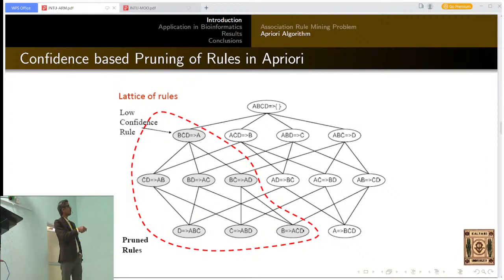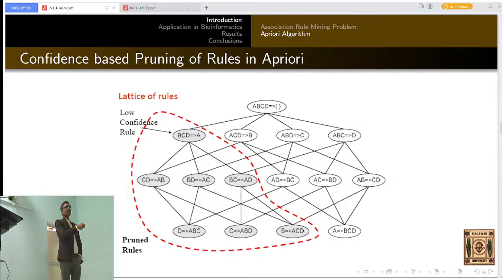So you see what will happen if we start from this and find the confidence values of these rules, and we find that the confidence value of this rule is less than the minimum confidence. We actually don't need to compute the confidence values of all these other rules, because they will have lower confidence than this one.